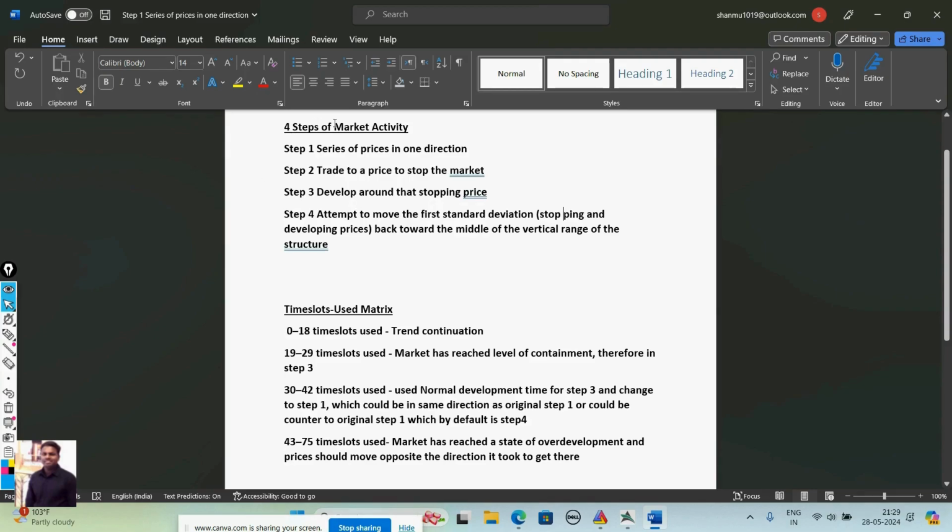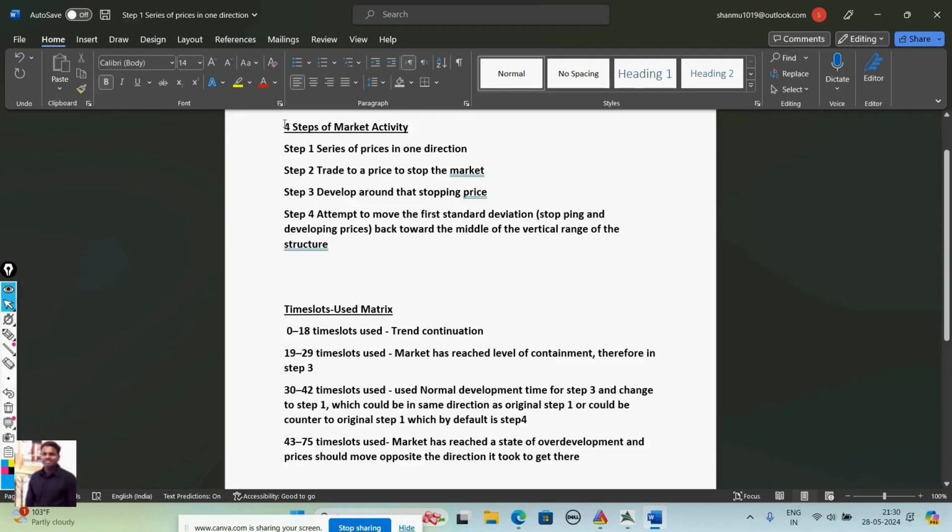Once we are clear on these four steps of market activity along with the time slots, you can take a short-term trade, and your probability is always more than 80%. You can take the index or stock. You can view the market in the correct direction and your prediction will also be correct.